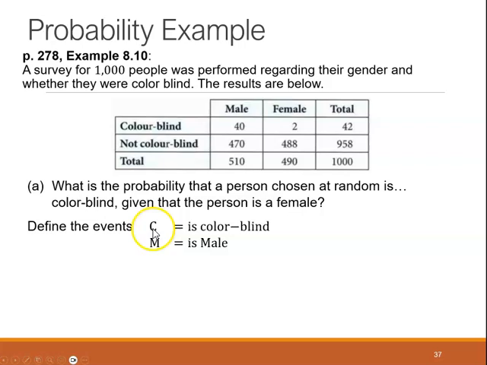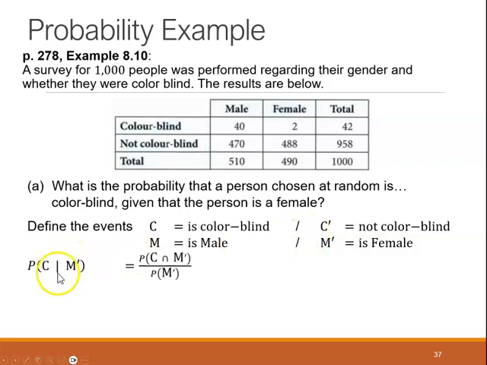So if I say C is colorblind and M is male, then not colorblind is C complement and female is M complement. Everybody's okay here? Okay. So the probability I'm looking for is the probability of C given not M.